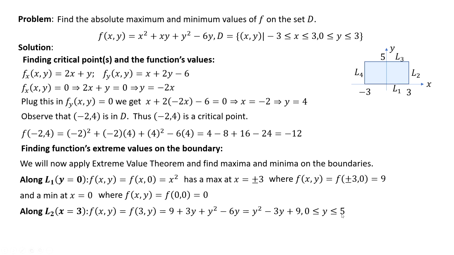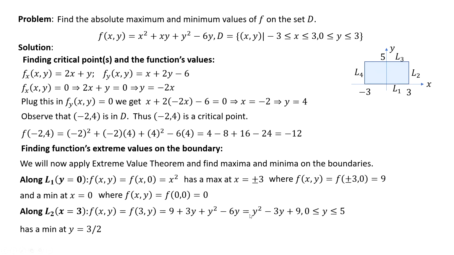Cool. All right, so what's the idea? We need to figure out where the maximum and minimum values of this y squared minus 3y plus 9 are. So it has a minimum at y equals 3/2. Where'd you get that from? Any idea where I got that from? y squared minus 3y plus 9 has a minimum at y equals 3/2.